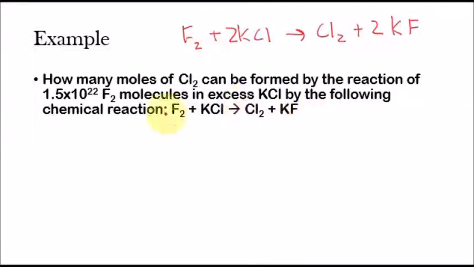Now let's go ahead and set up a dimensional analysis. So what we're looking for is moles of Cl2. What we have is 1.5 times 10 to the 22nd molecules of F2. Okay.